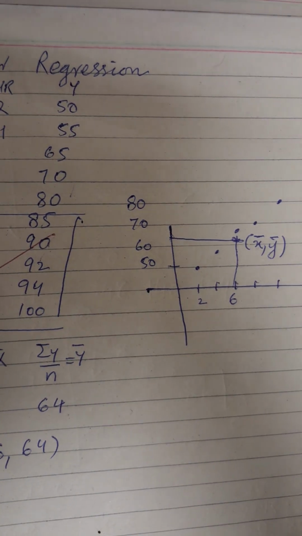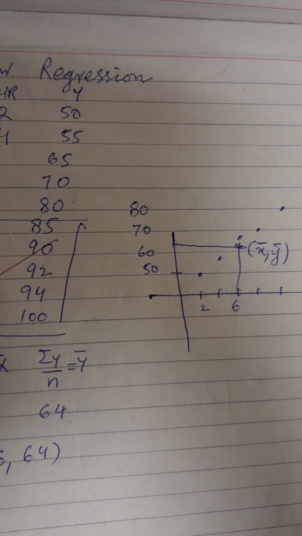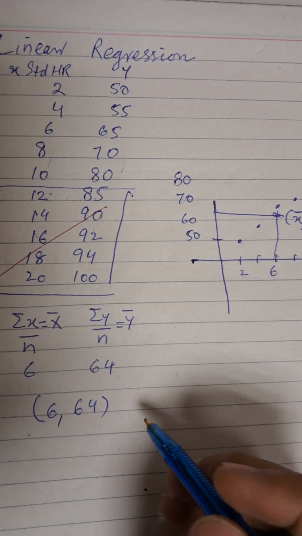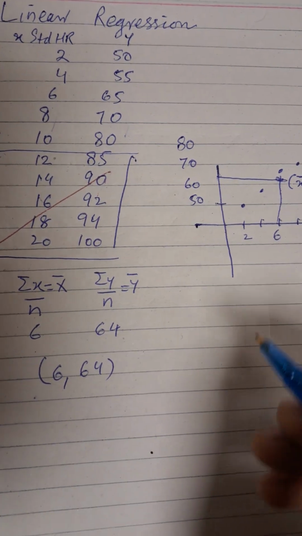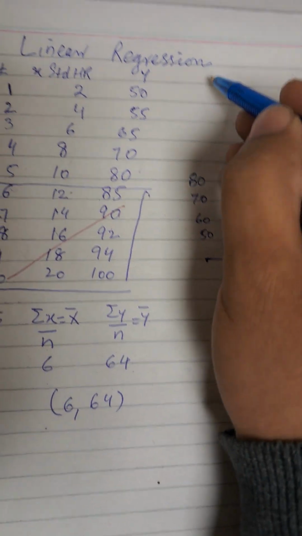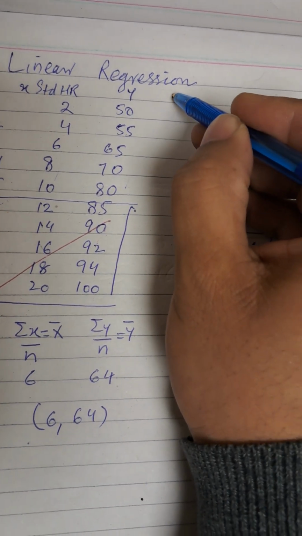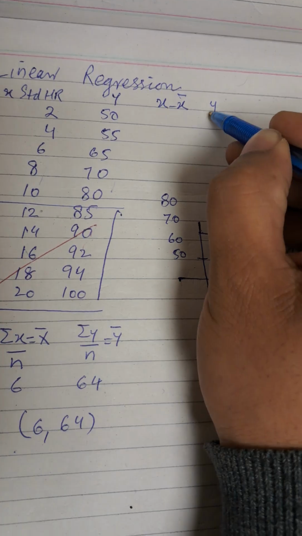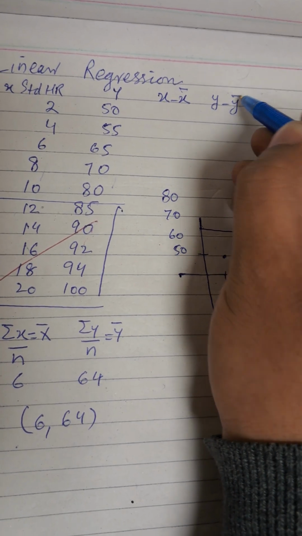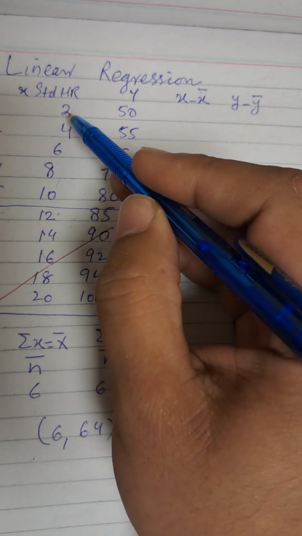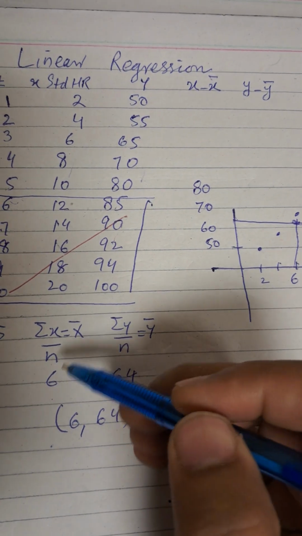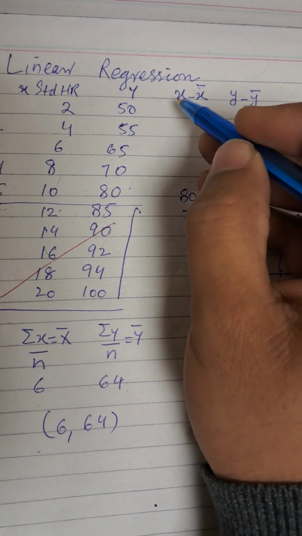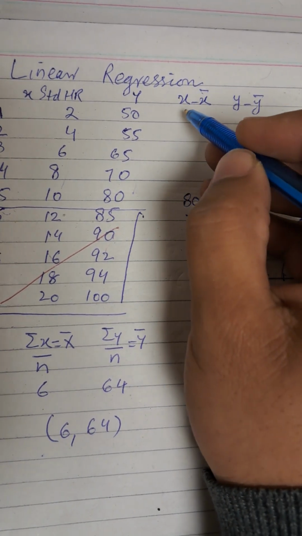So once we get hold of the mean value, we can calculate a very important value, which is x minus x bar, y minus y bar. If we take the difference of 2 from 6 or 6 from 2, it would be the same thing in absolute terms, but I'm writing x minus x bar.